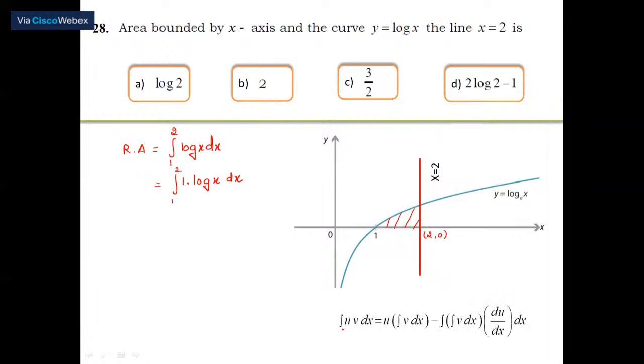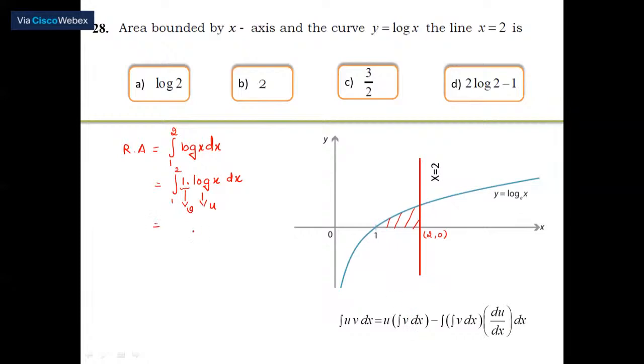The rule of integration by parts is integration of u into v, where u is the first function, v is the second function: first function as it is, integration of the second, minus integration of the second and differentiation of the first. Here, let us consider log x as first function and 1 as second function.